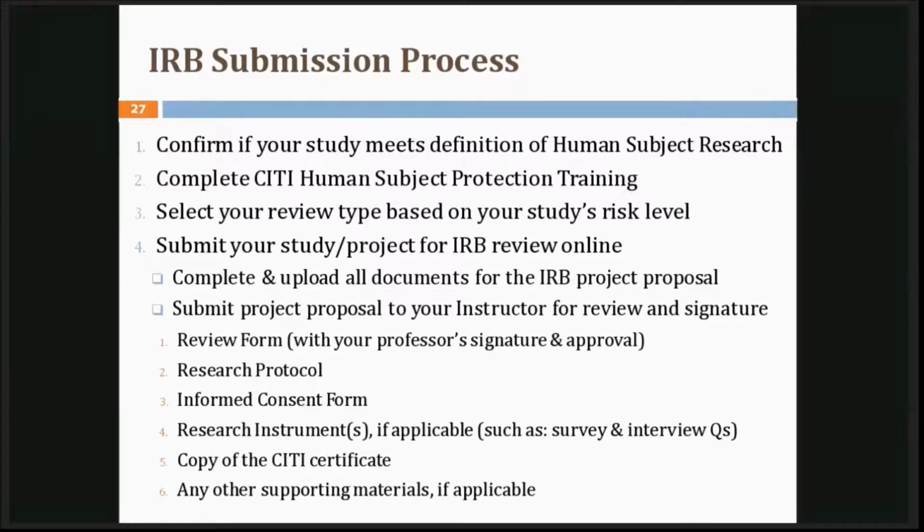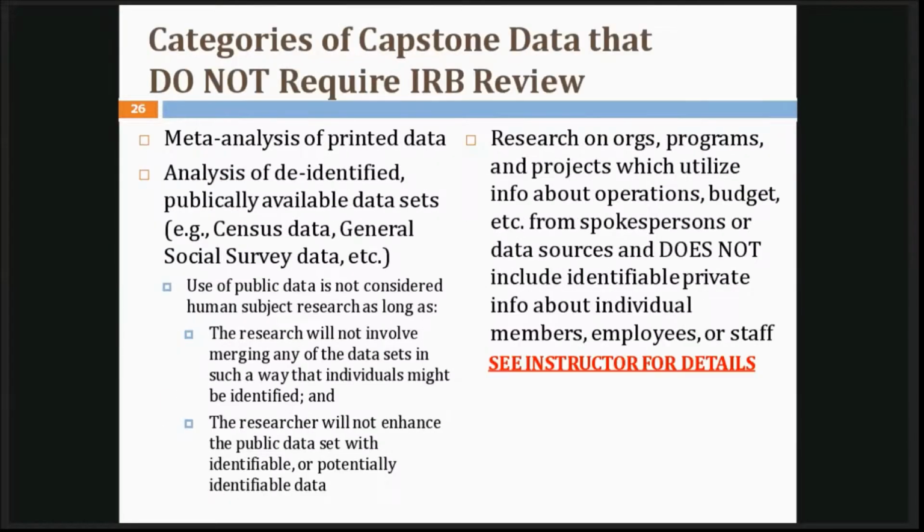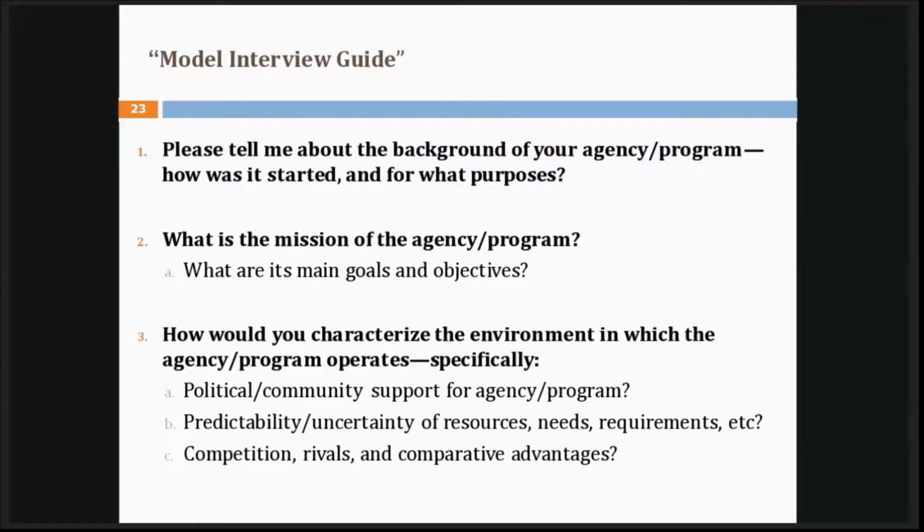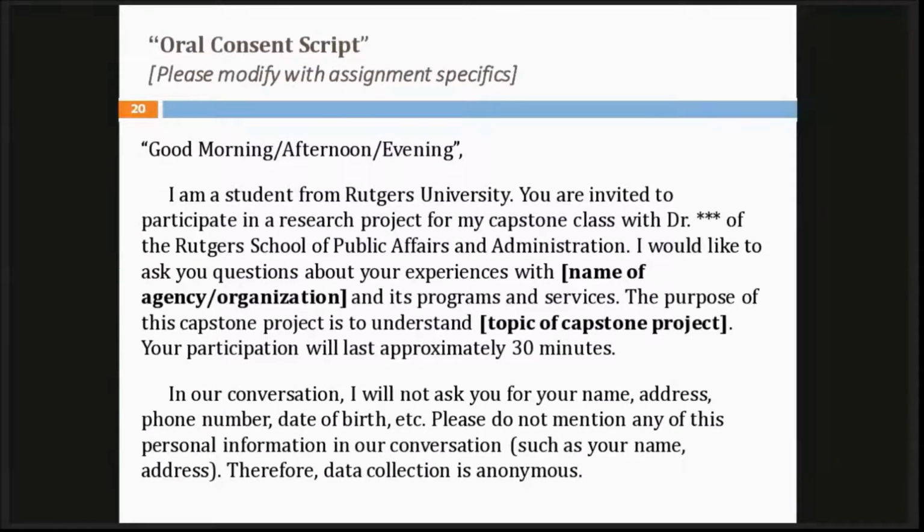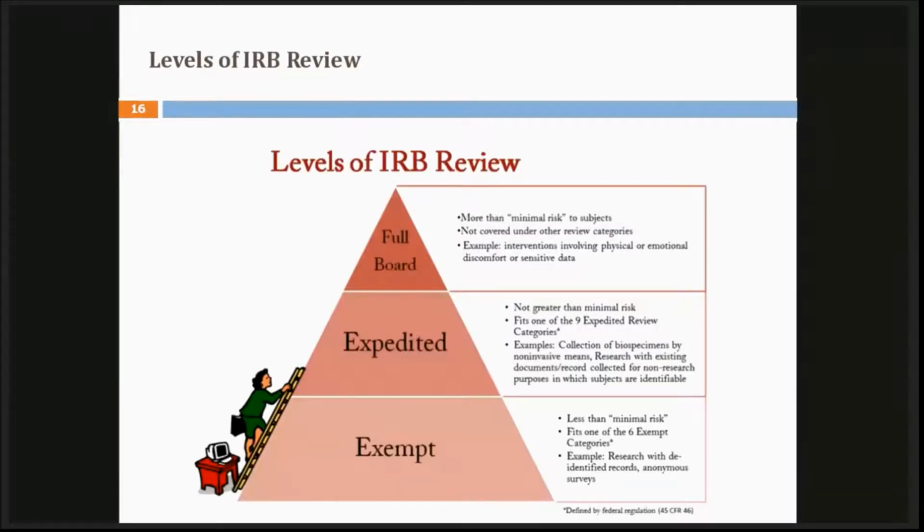Then you select your review type based on your study's risk level. Remember the different review types? Let me go back to remind you the 3 IRB review levels. The first is the full board review. The second is the expedited review, and the third is exempt review.